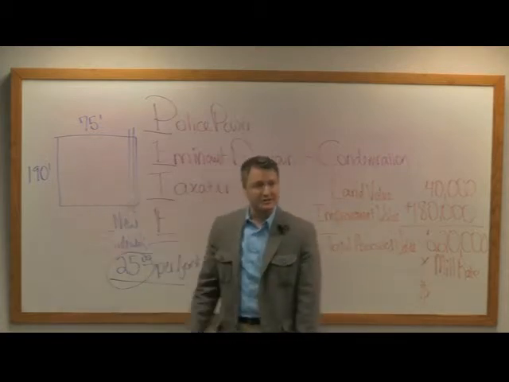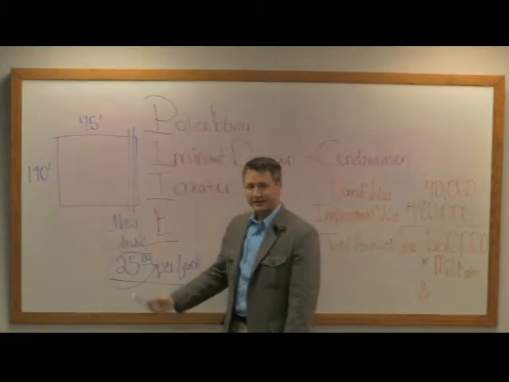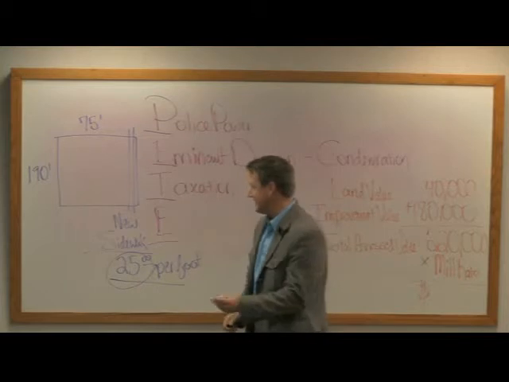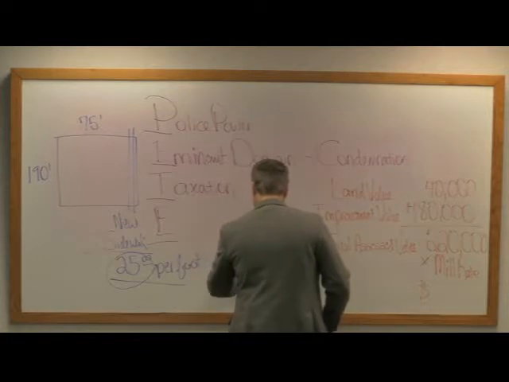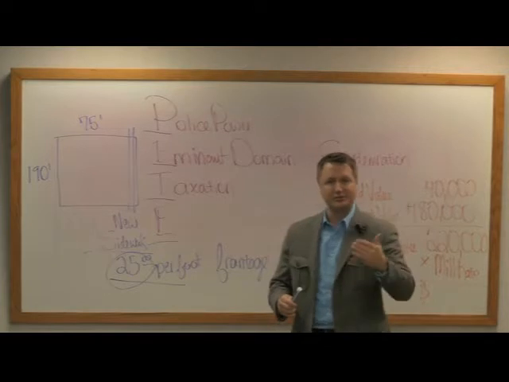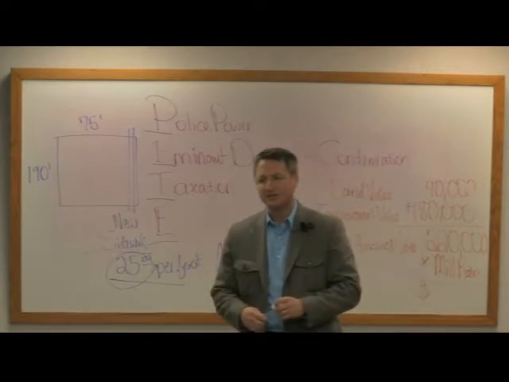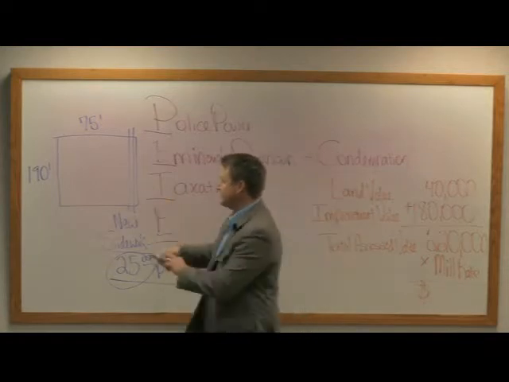If you get a picture, then we would know that it's 190 feet this way. And so they could say it's $25 per foot on the frontage. We'll learn about front setbacks, rear setbacks, and side yard setbacks later. But they're talking about the frontage, which is this way.